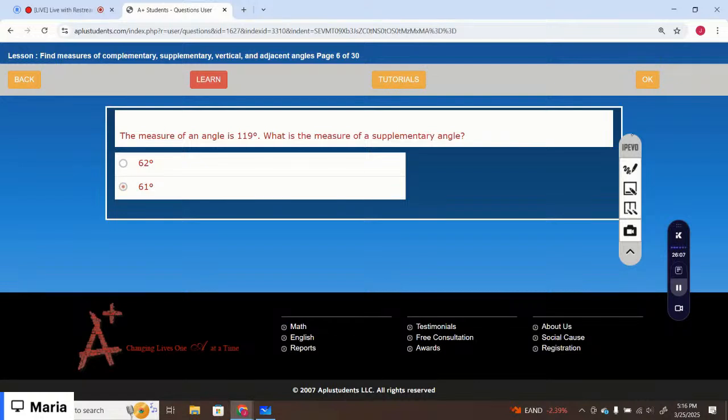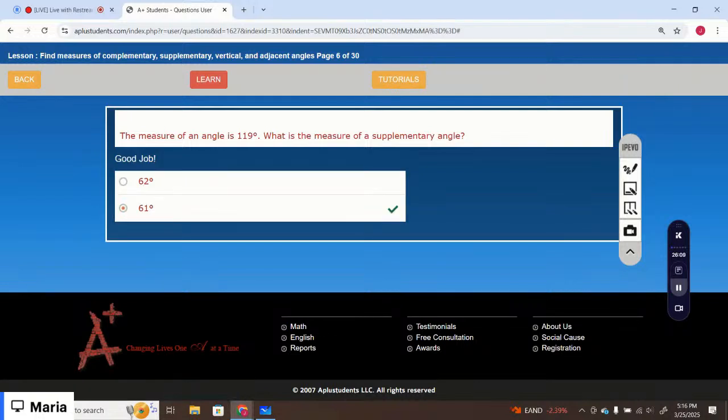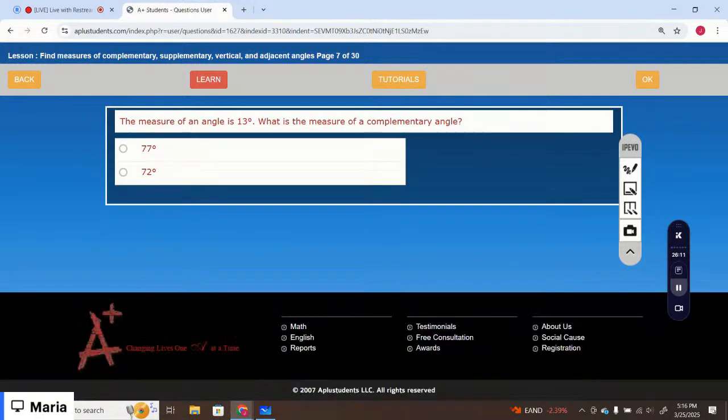Option number one is the correct option. The measure of an angle is 13 degrees.